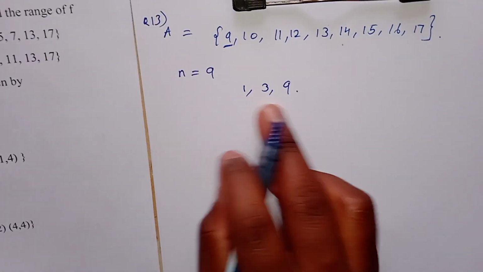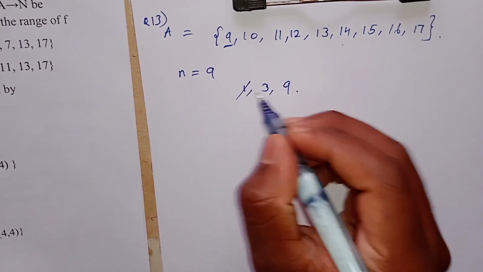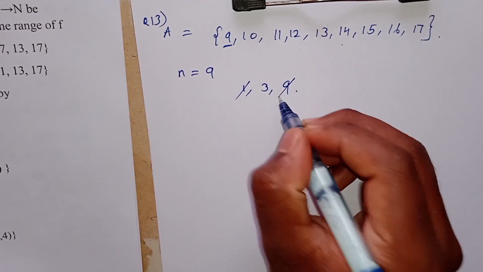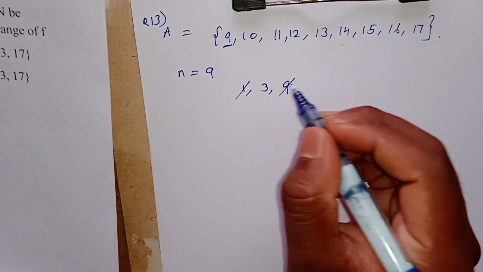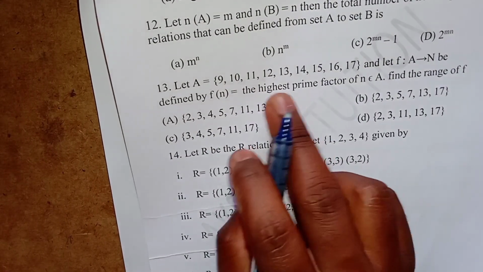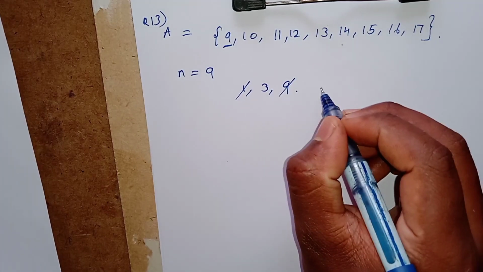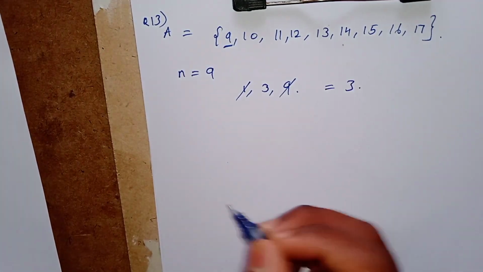Now I want to check which are prime. 1 is not a prime number, 9 is not a prime number, 3 is a prime number. They are asking for the highest prime number, and here there is only one prime number, so 3 is my highest prime number.